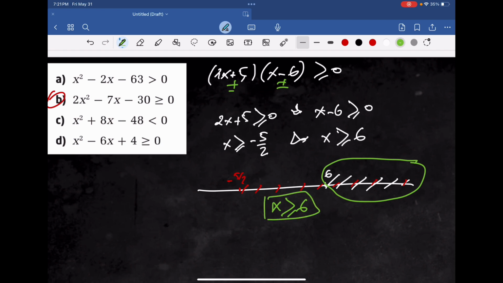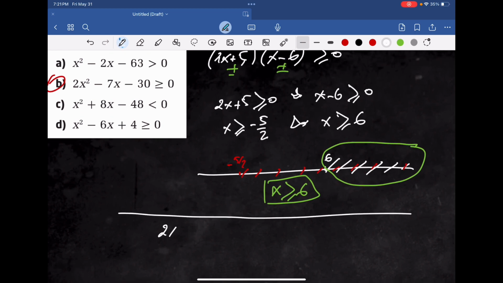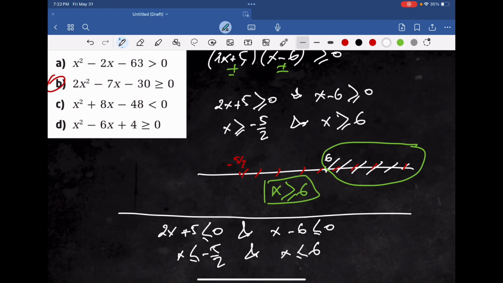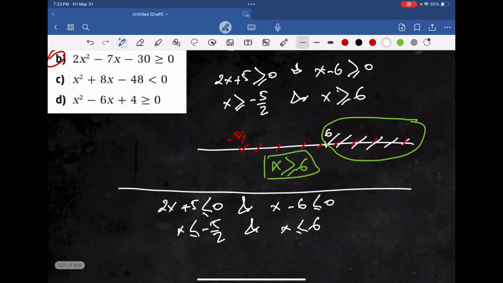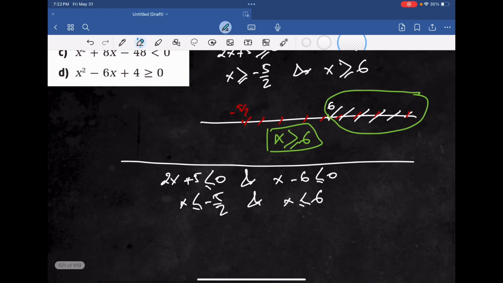Now the other case, if both of them are negative: 2x plus 5 is negative and x minus 6 is negative. That means x is less than minus 5 over 2 and x is less or equal than 6. I will draw my line.